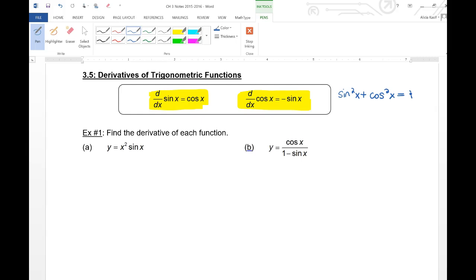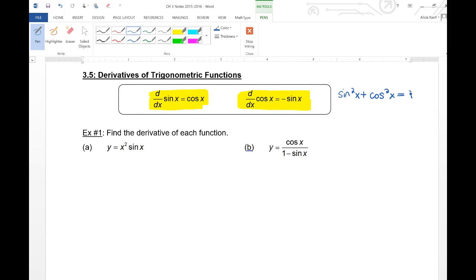So you still need to know 1 over sine is cosecant, 1 over cosine is secant, and 1 over tangent is cotangent. Those are the basic ones. Okay, so we want to find the derivative of each function.